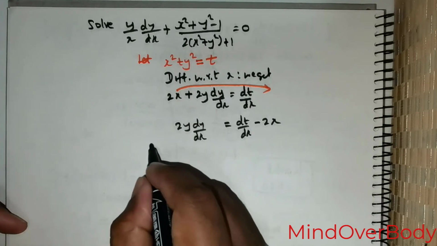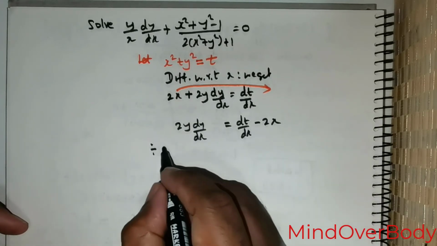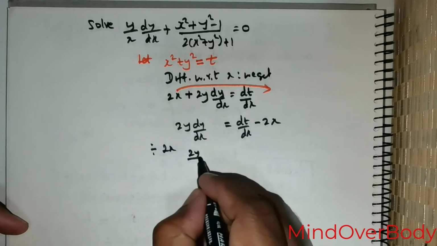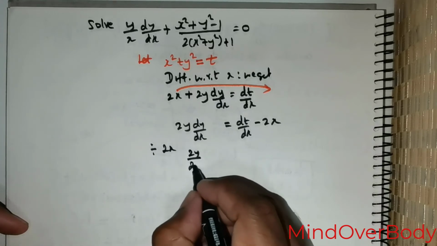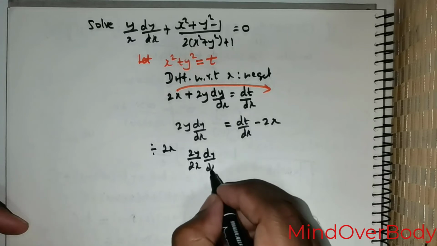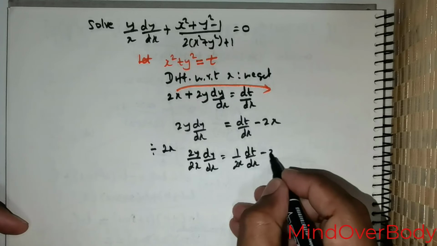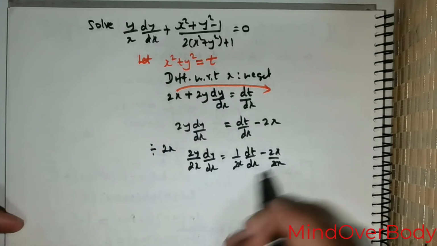Now I will divide throughout by 2x. So that would give me 2y over 2x dy/dx is equal to 1 over 2x dt/dx − 2x over 2x.